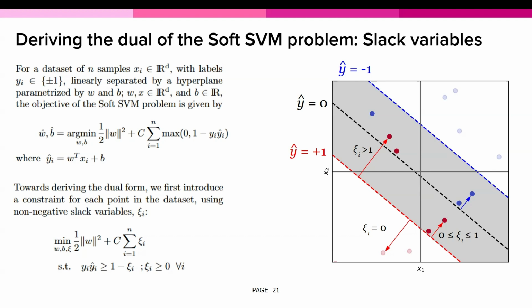But the idea is that introducing these slack variables is going to formalize the concept of margin violations. The point is that we'll be able to derive the dual formulation of the problem, which we could then optimize in another way, but also get some insight into the problem.